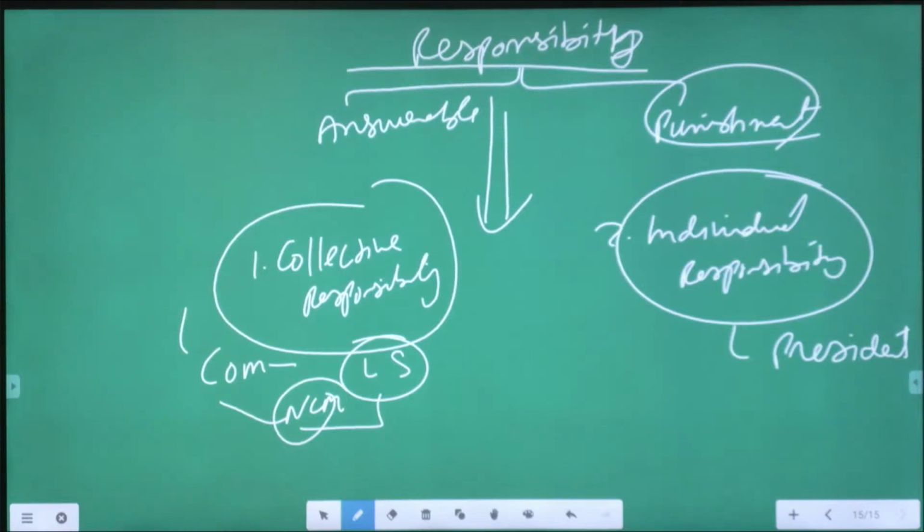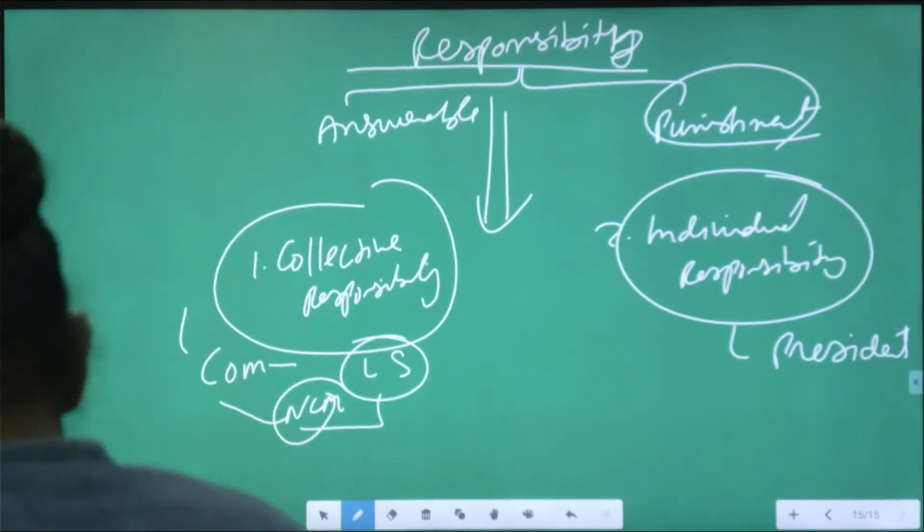There is one paper, CSAT, Civil Services Aptitude Test. Aptitude means what? Your way of thinking, your wider perspective, how widely you can give solutions. What will be your job as an IAS officer or IPS officer? What do you think your job profile is?